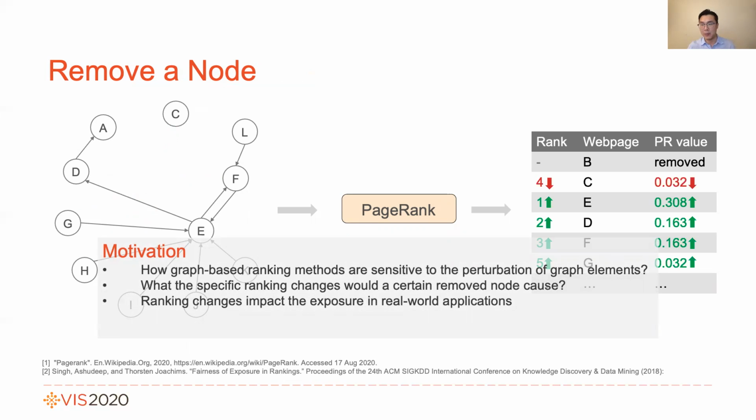We would like to know how sensitive such ranking methods are to perturbations like that, and what specific ranking changes a certain removed node would cause. In real-world applications, changes of ranking positions can have a huge impact with respect to exposure, which requires us to understand the ranking methods' sensitivities.